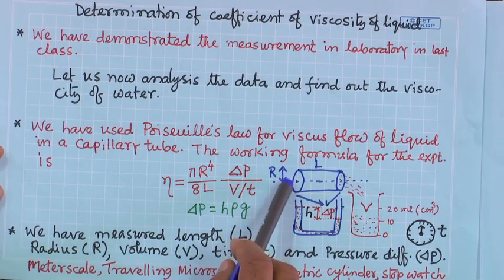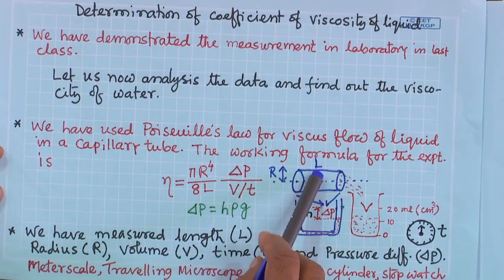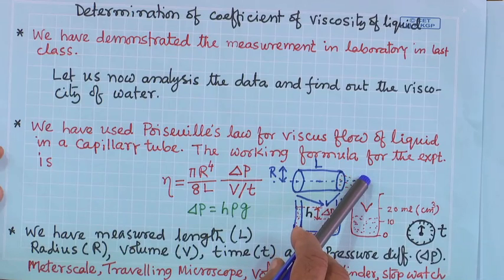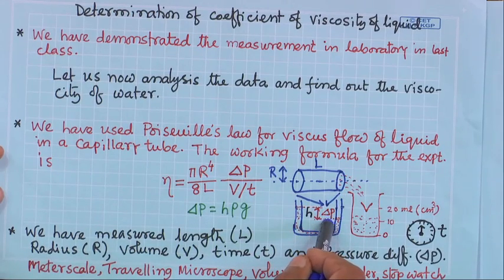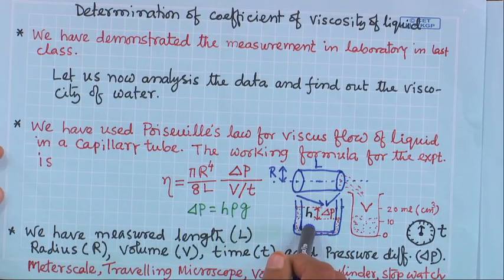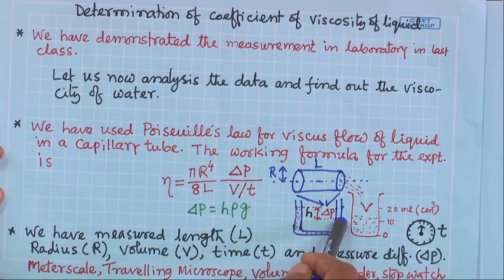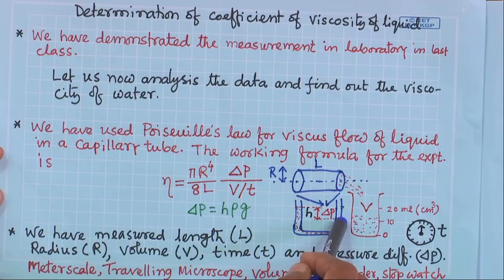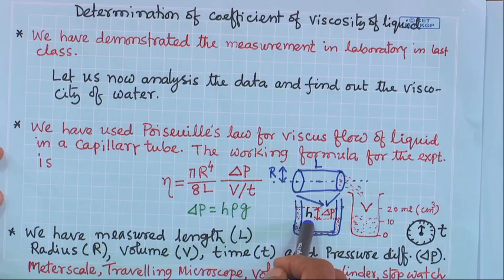r is the radius of this capillary tube and L is the length of this capillary tube, right. And this del P, the pressure difference, is measured by a manometer. So, basically in two arms there is a height difference of the liquid column, generally water.